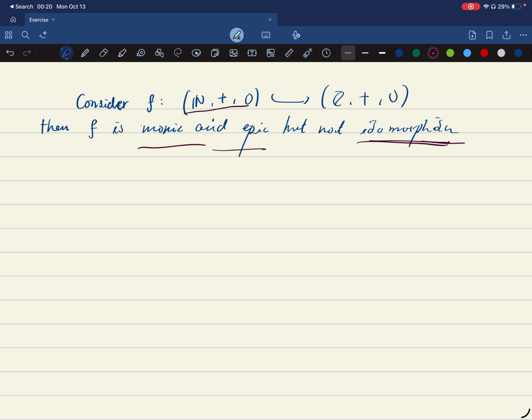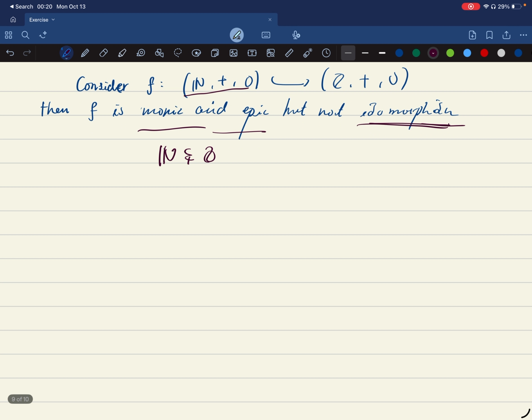This is very clear in this case because N is a proper subset of Z. So clearly there cannot be an inverse of F. By the definition of isomorphism, we don't have an inverse, so this thing cannot be isomorphic. So what is left to show is that F is both a monomorphism and an epimorphism.